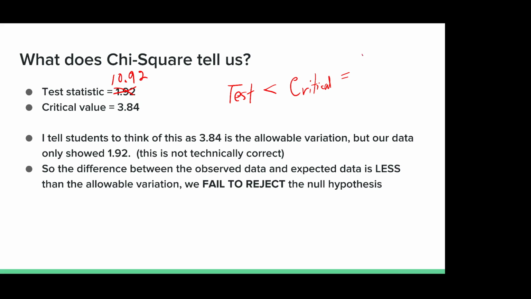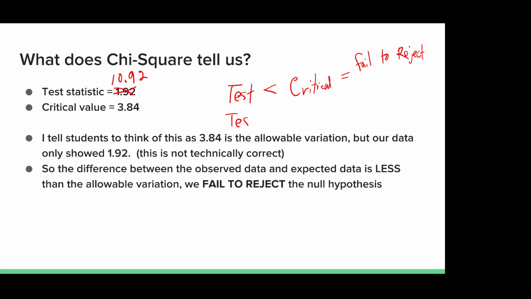We fail to reject the null hypothesis. Because again, there's less variation in our data than the critical value would enable us to accept. So it's within that range.